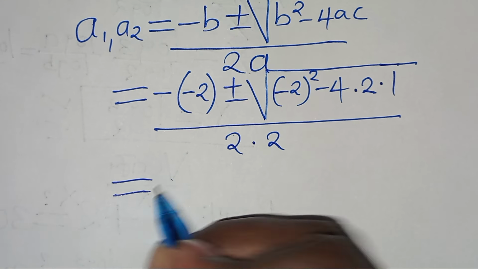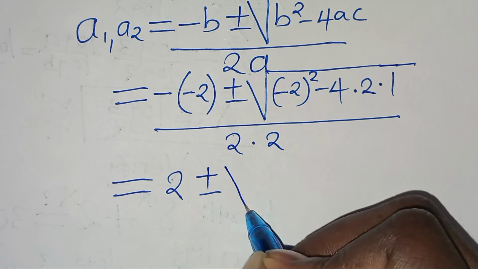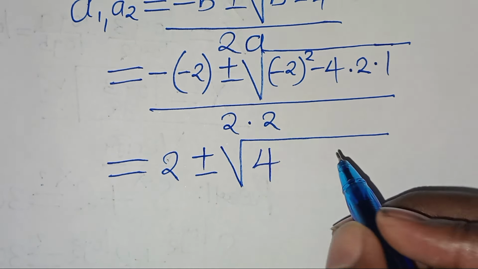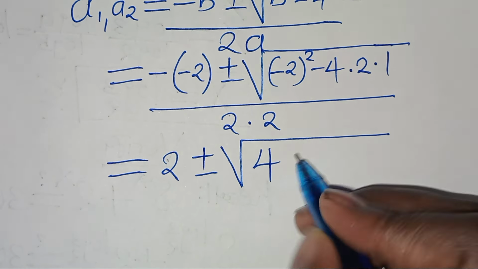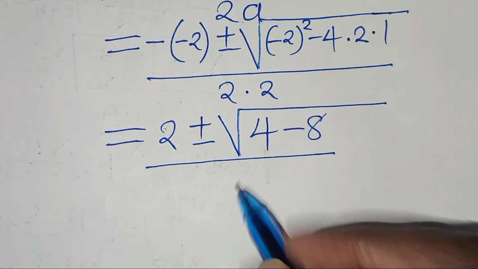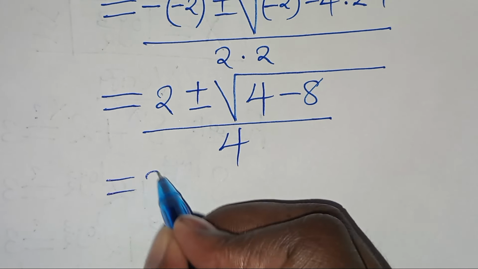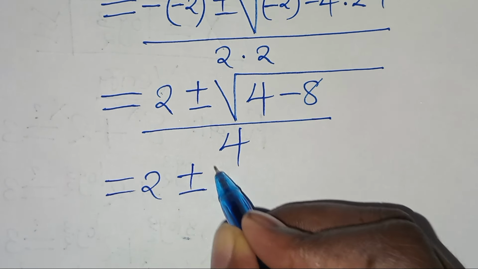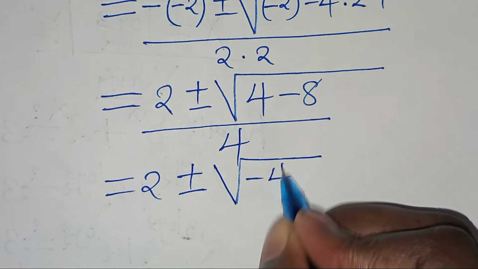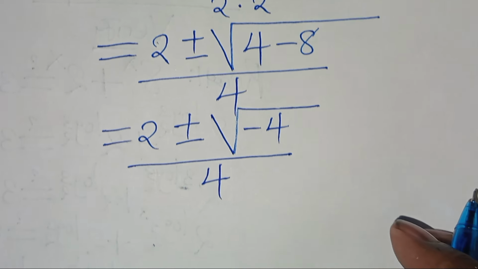So this means we have here minus times minus 2, this is 2, plus or minus the square root of minus 2 squared, this is 4, minus 4 times 2, this is minus 8, everything here divided by 2 times 2, which is 4. So here we have 2 plus or minus the square root of 4 minus 8, this is minus 4, everything here divided by 4.